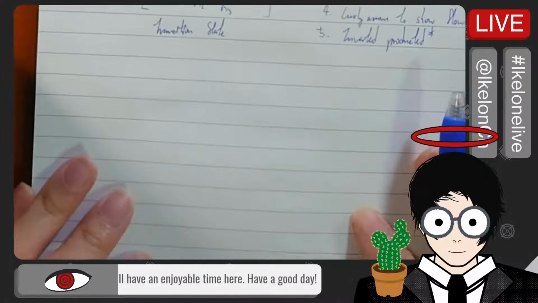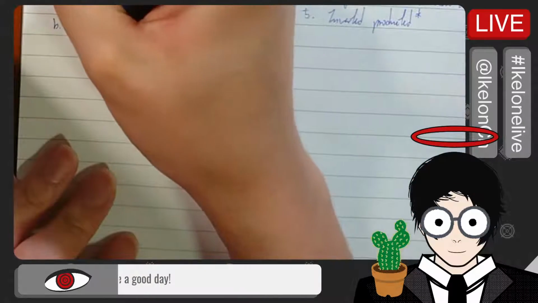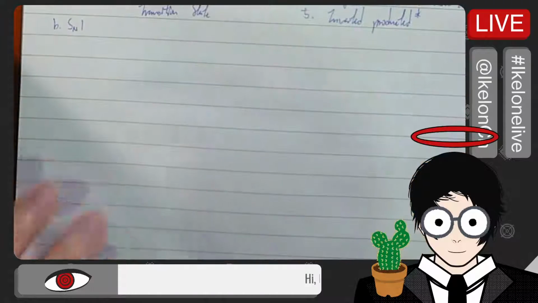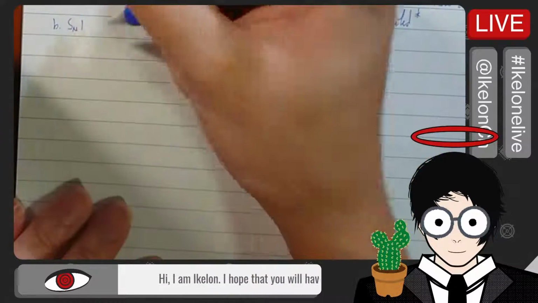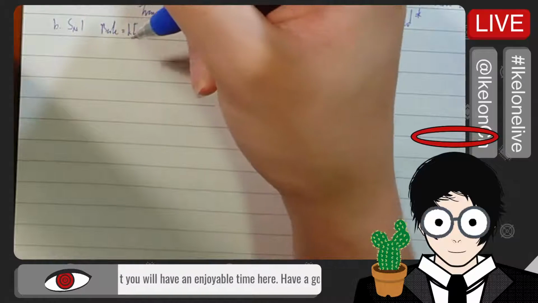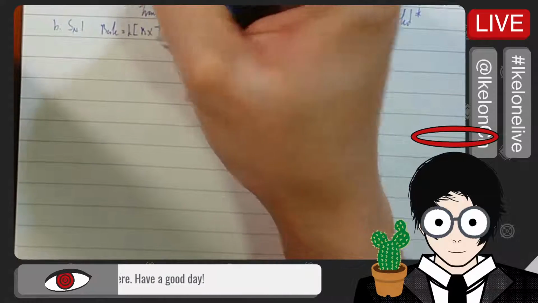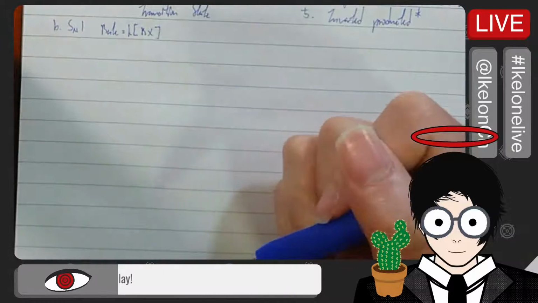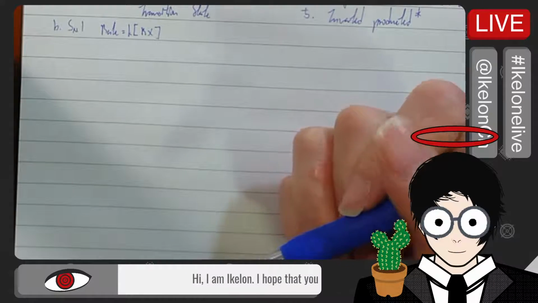So let's move on to SN1. SN1 only has 1 reactant in the rate determining step, which is the halogen derivative. So how SN1 works is there are actually 2 steps.